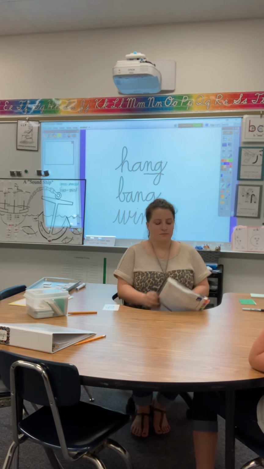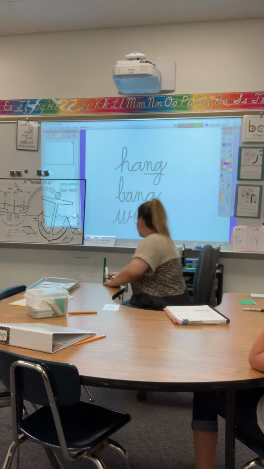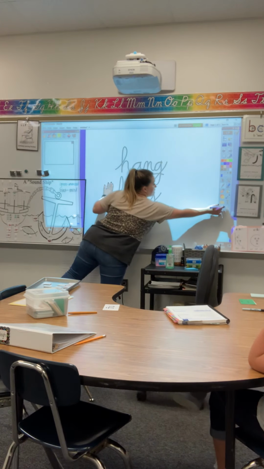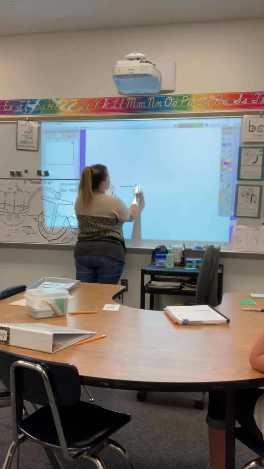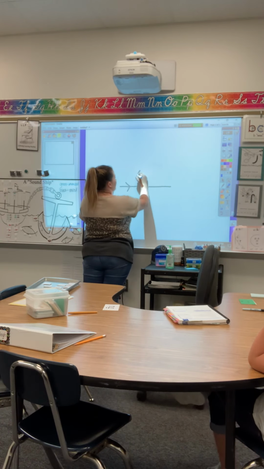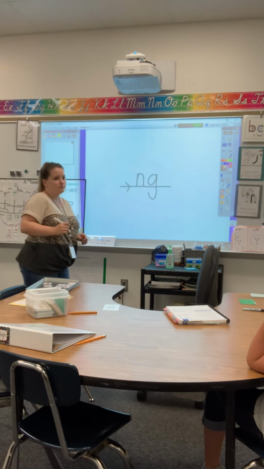Okay. So, whenever we write NG in cursive, we know N and we know G. We just have to put them together. Okay? So we always start on our baseline and add our arrow. And when we have N, G, and print, this is what they look like. Okay.